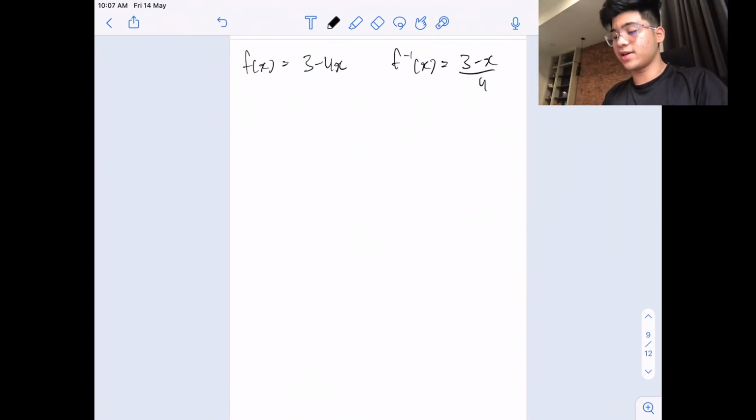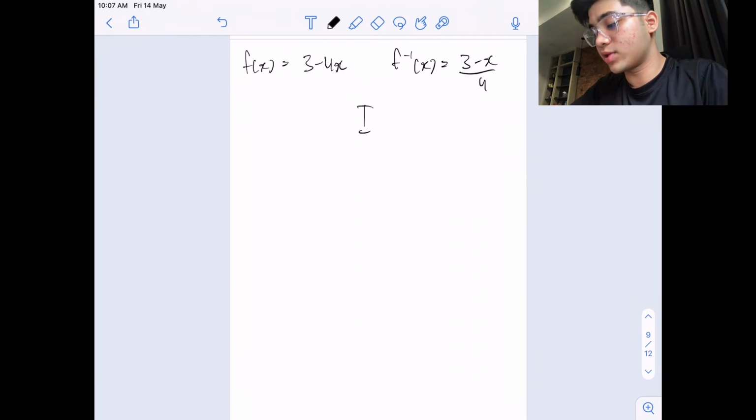Now, let's say you're not confident with your answer for the inverse function of f. I can actually prove to you that I'm correct. Remember how I said the inverse function goes from image back to object.